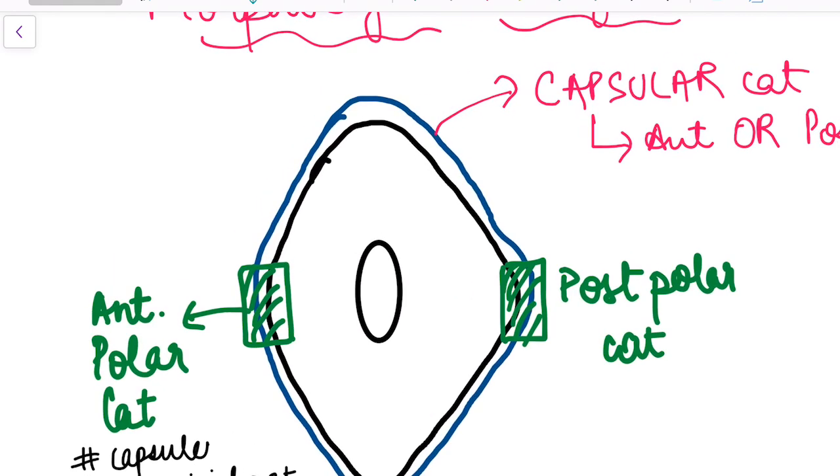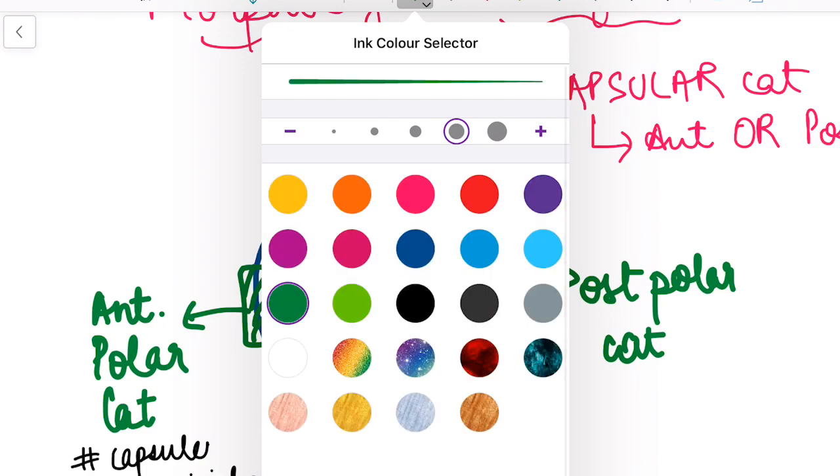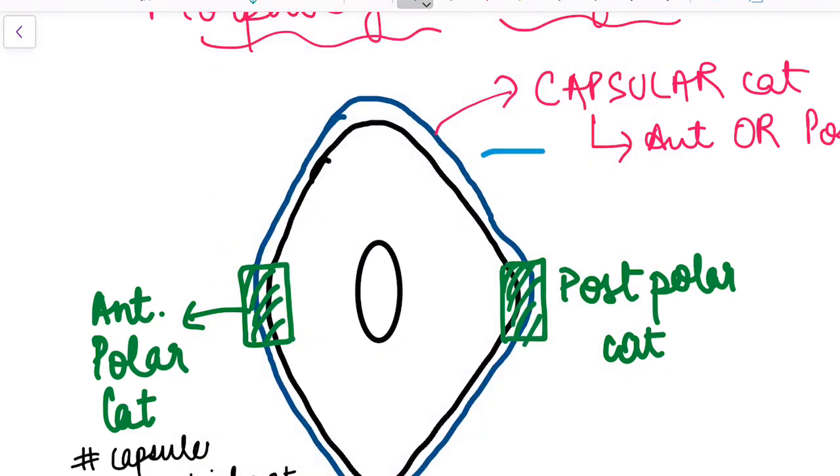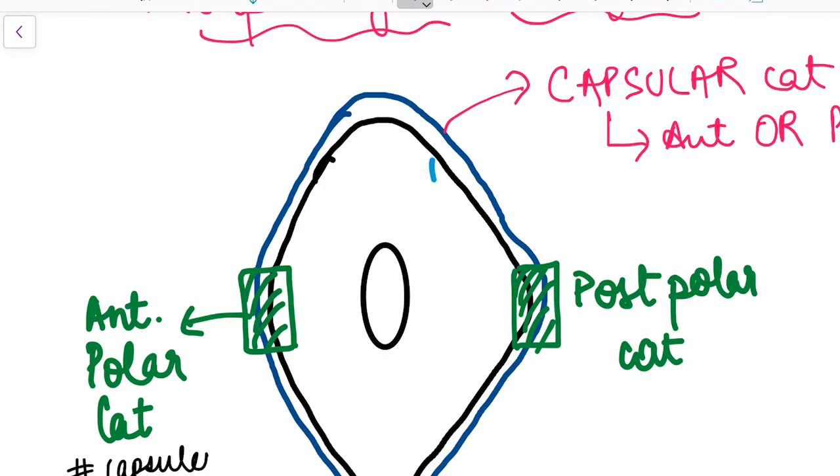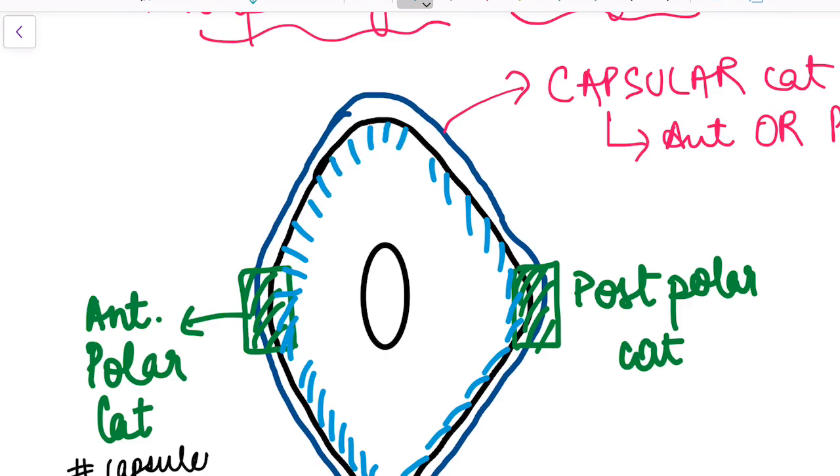So if we look at this space which I am highlighting now, this one, just beneath the capsule, this whole area is subcapsular area. So subcapsular cataract can be there.